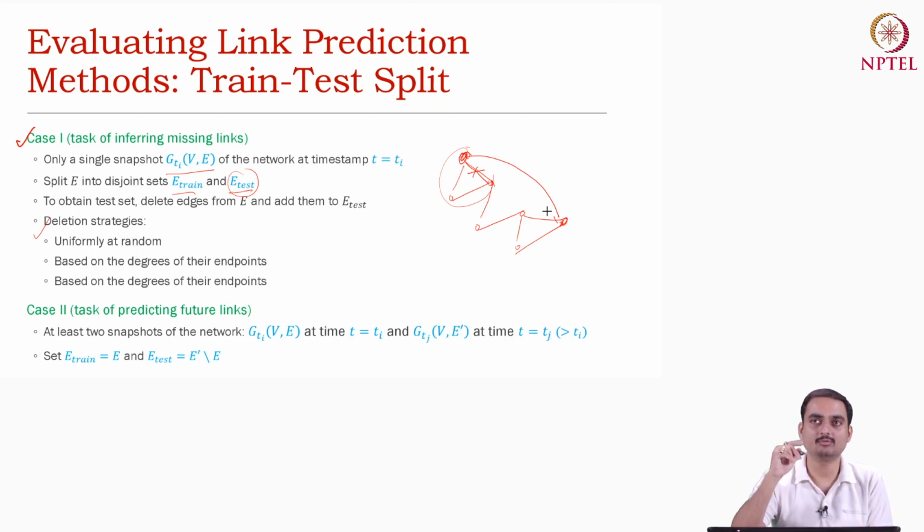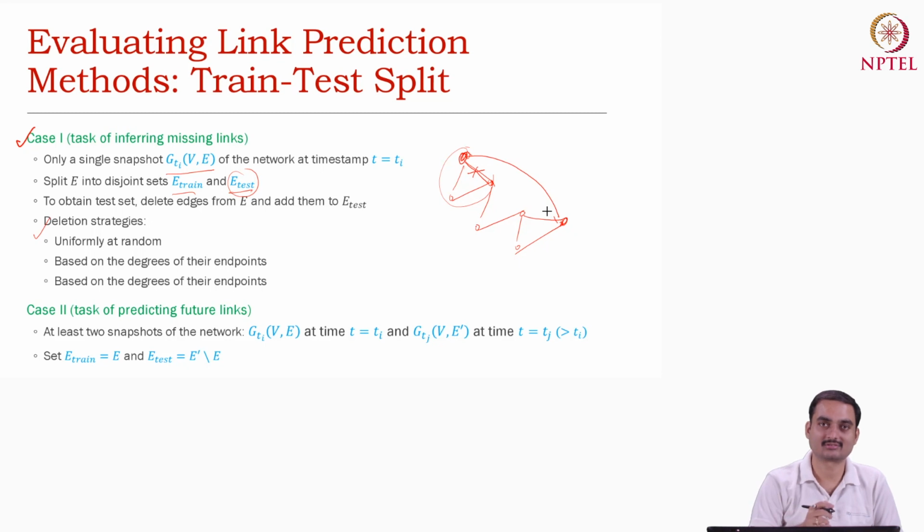When we remove a bridge edge, which connects components that are far apart from each other, sometimes the graph gets disconnected, or the shortest path distance between pairs of nodes increases significantly.